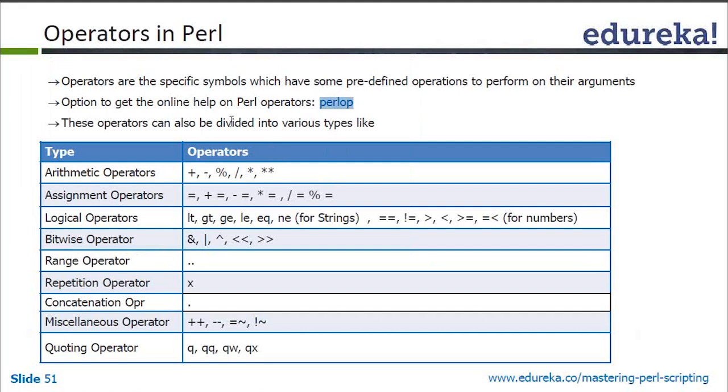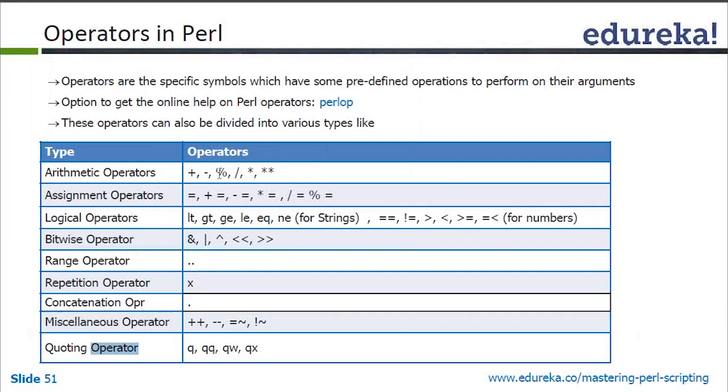These operators can be divided into different types: arithmetic operators, assignment operators, logical operators, bitwise operators, range operator, repetition operator, concatenation operator, miscellaneous operators, and quoting operators. Arithmetic operators are very similar to what we are already aware of, like addition and subtraction.